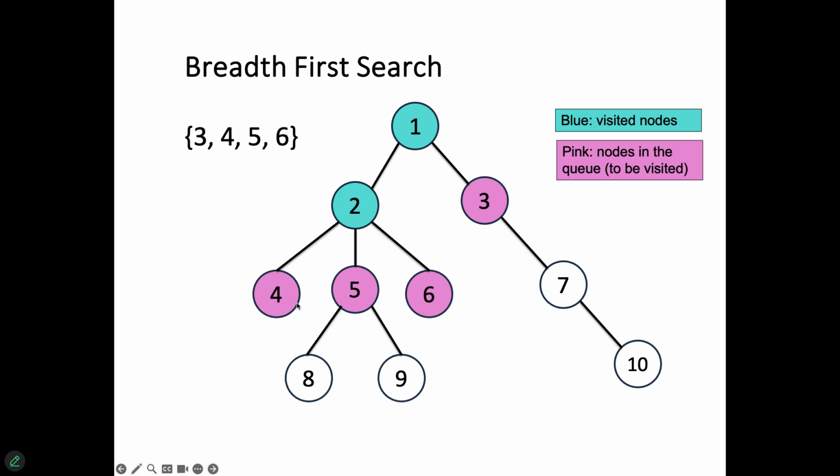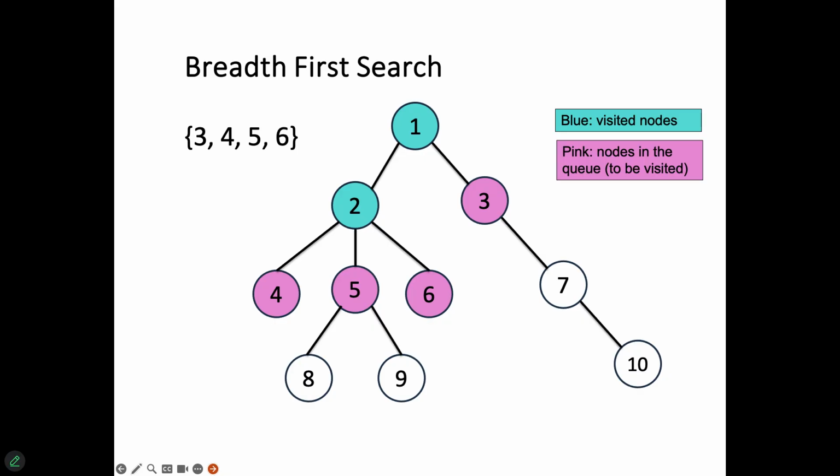Now we are at this level. So which one should I choose first? We have 4, 5, 6, 3. As I mentioned, at each level, because we are doing breadth first search, we have to choose based on first in, first out, which means we choose the one that was added first.